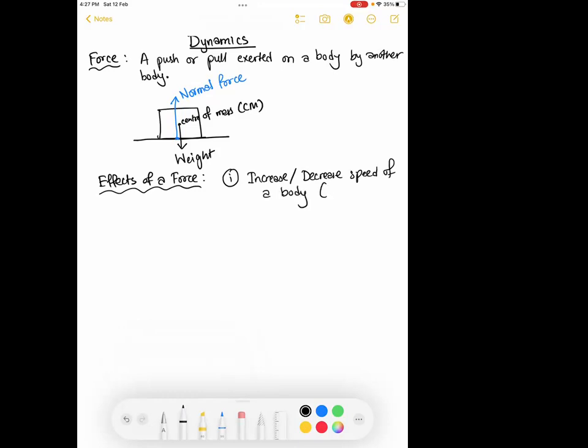That is, it can make it accelerate or decelerate. And another thing can happen, that is, it can change direction of a moving body. Okay, so actually have to know that force actually affects the acceleration, not really the speed. And then this acceleration basically affects the speed.